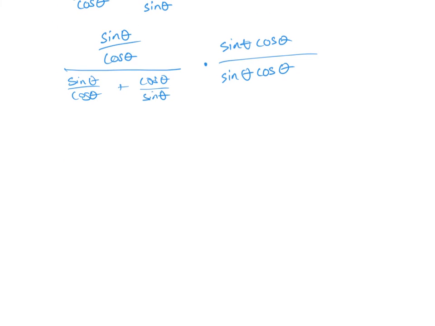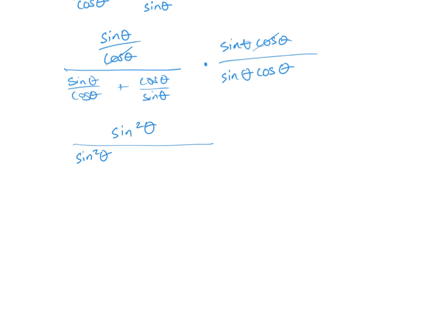If I multiply everything, the cosines cancel each other out in the numerator. So this is just sine squared of theta in my numerator. In my denominator, in my first term, the cosines cancel out, so I have sine squared of theta.